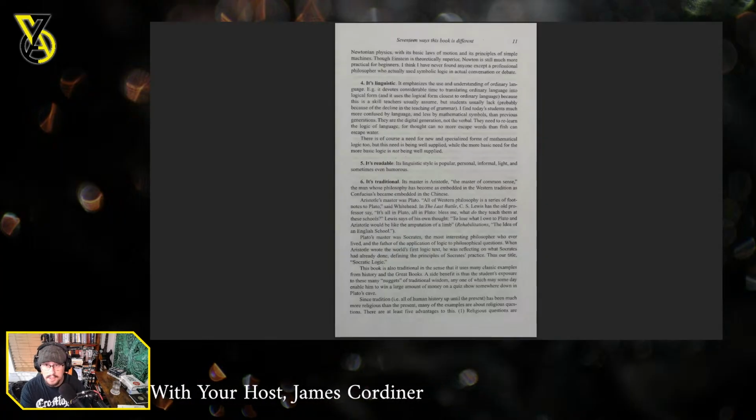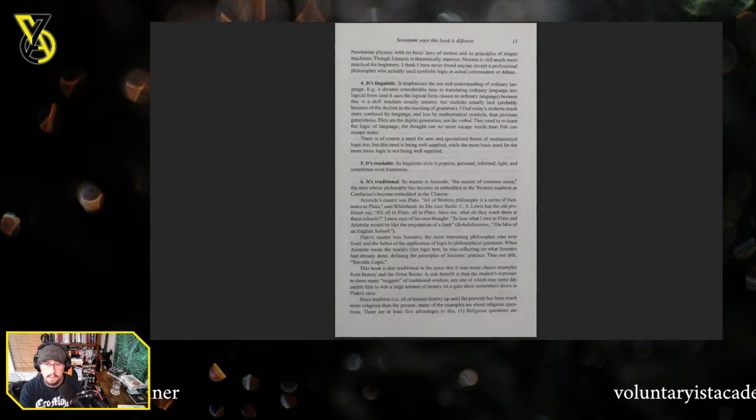Though Einstein is theoretically superior, Newton is still much more practical for beginners. I think I have never found anyone except a professional philosopher who actually used symbolic logic in actual conversation or debate. Number 4. This book is linguistic.